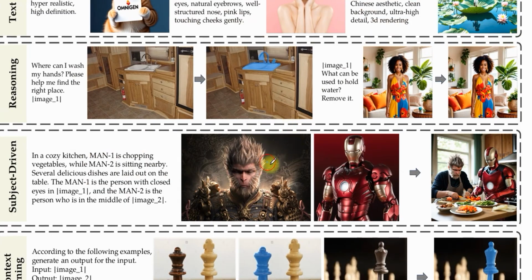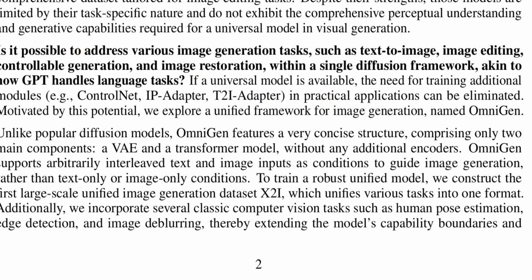OmniGen is a powerful new model that brings together a ton of image tasks into one simple tool. Today, I'll show you how it works and why it's such a big deal for creators and artists. Let's jump in. Think of OmniGen as the ultimate tool for images.